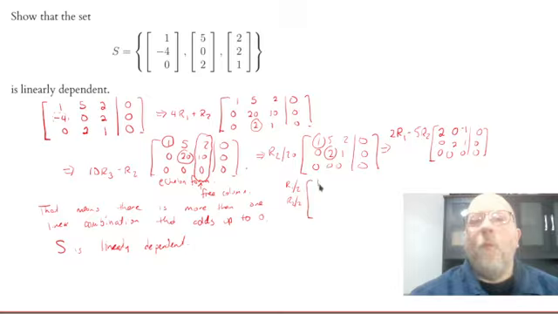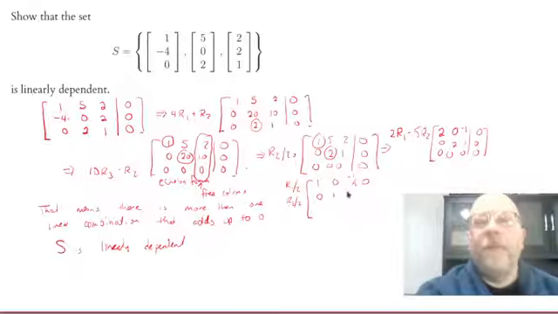And we get 1, 0, negative 1/2, 0, and 0, 1, positive 1/2, 0, and 0, 0, 0, 0.